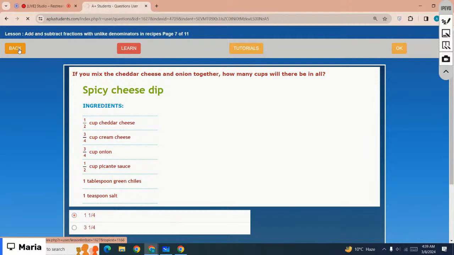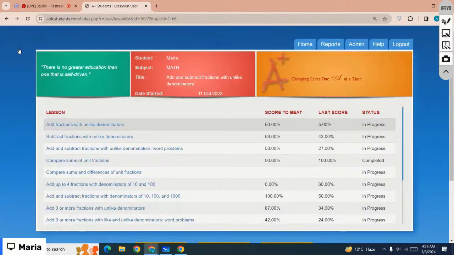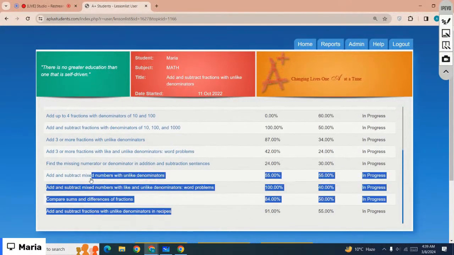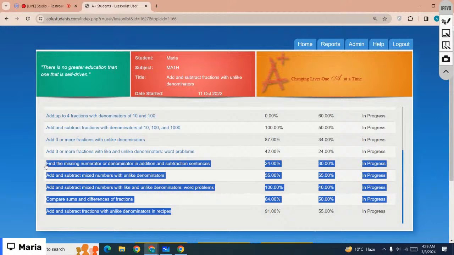So, we were working on grade 4 math. The chapter we're working on is add and subtract fractions with unlike denominators. And the lessons we have covered today are: find the missing numerator or denominator in addition and subtraction sentences.